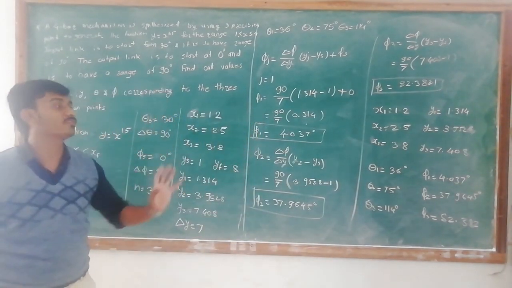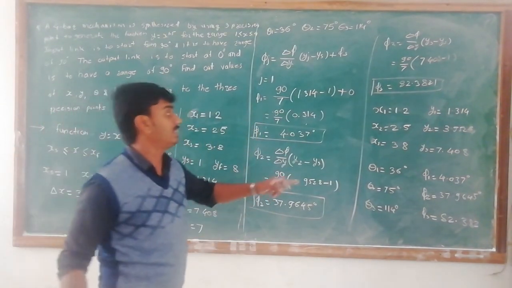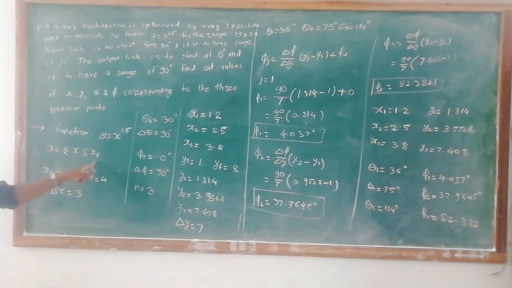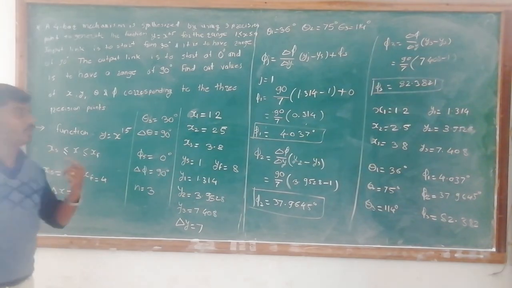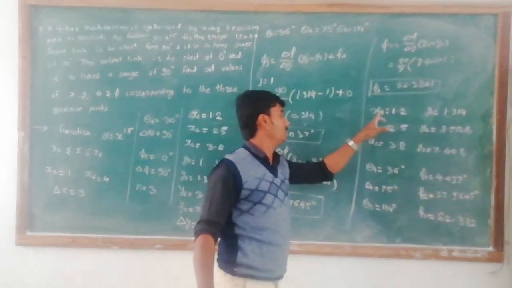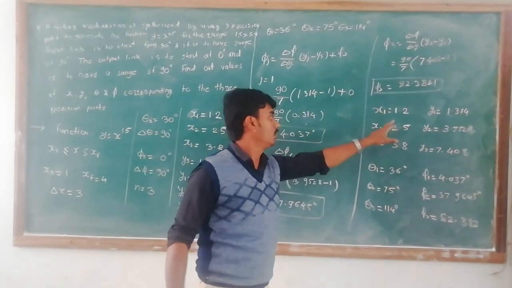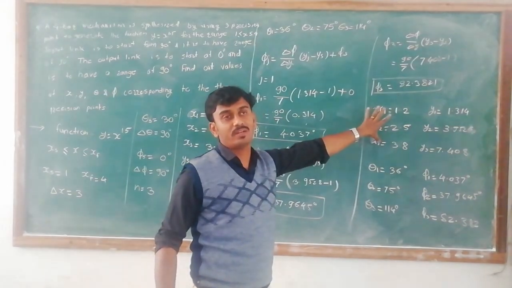So how do we check whether these values are correct or not? See, the range of x is 1 to 4: the start of x is 1 and the finish of x is 4. All the values x1, x2, x3 lie between 1 and 4.